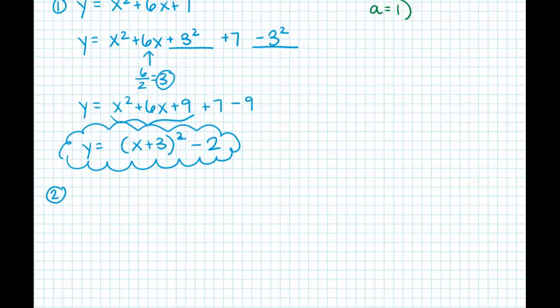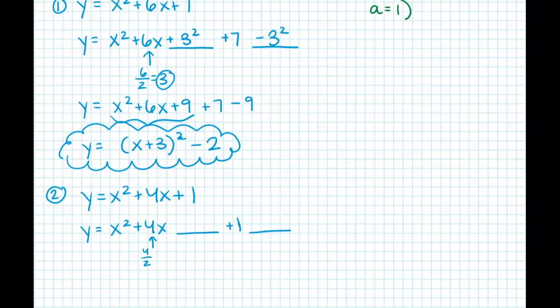For our second problem, let's look at y equals x squared plus 4x plus 1. Our first step is to take x squared plus 4x, put a space, then put our plus 1, and put a space. 4 over 2 is 2, so we'll add 2 squared and then subtract 2 squared. Again, we're adding and subtracting because the net effect needs to be 0.